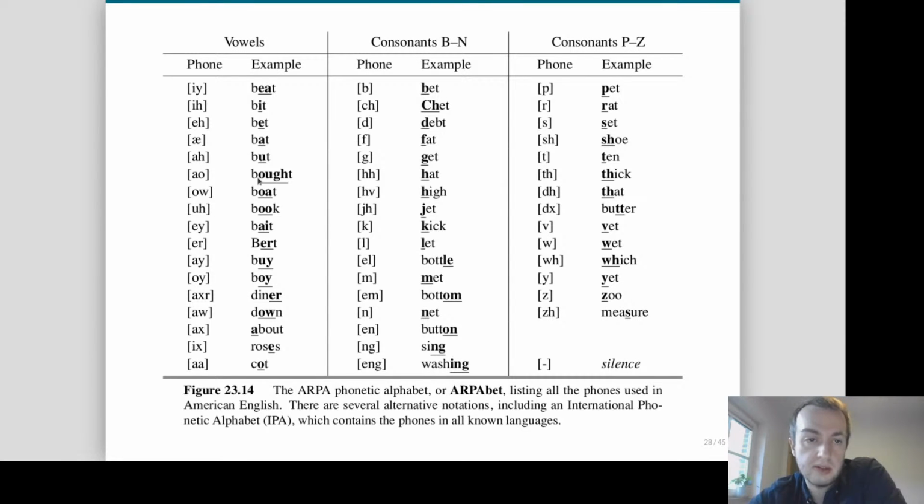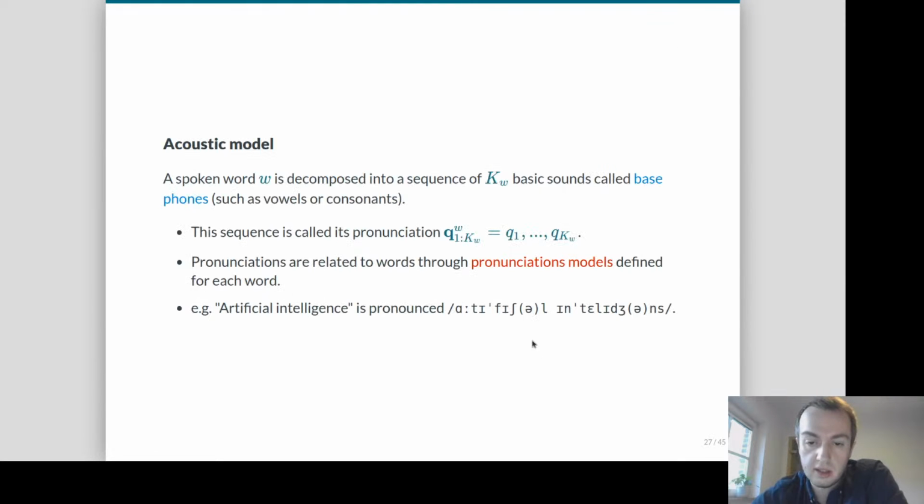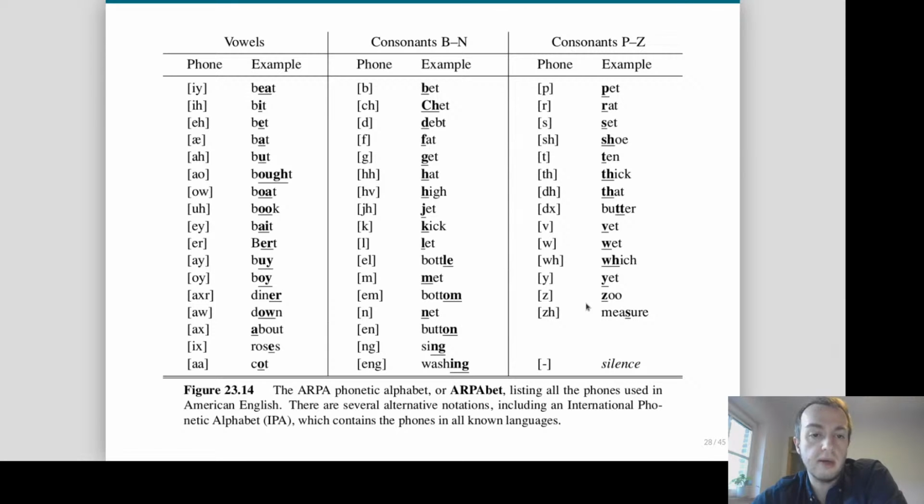For example, this is the case of American English, in which you have all the base phones that may appear in English, how they are written in this notation, and how you should pronounce them, with examples of words which include this phone.